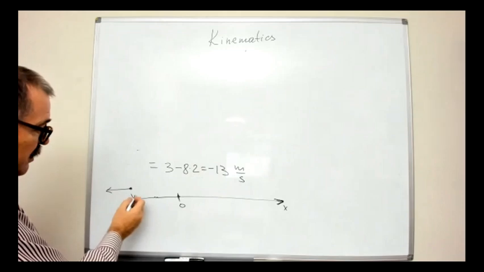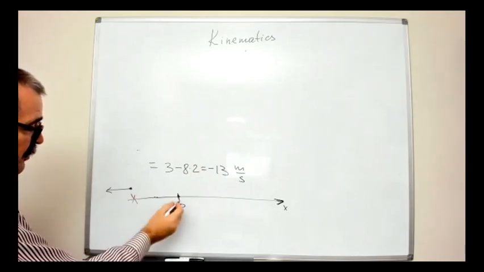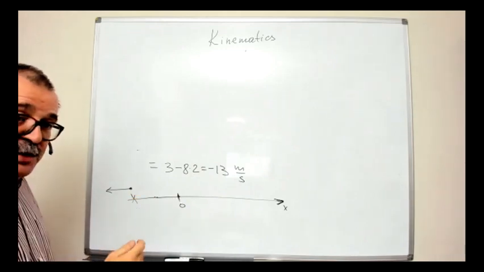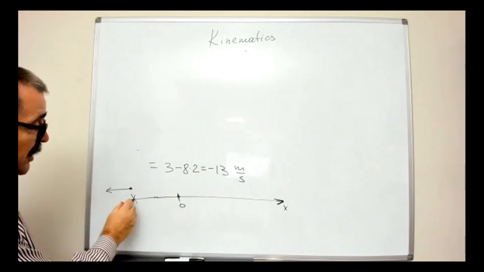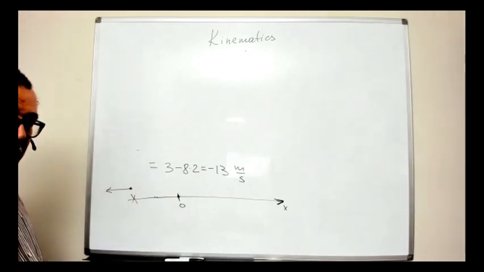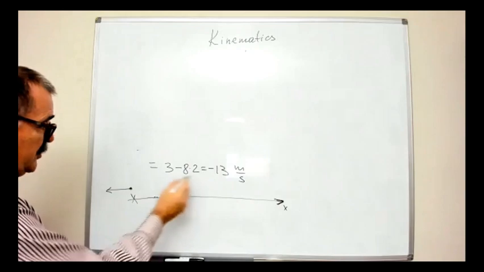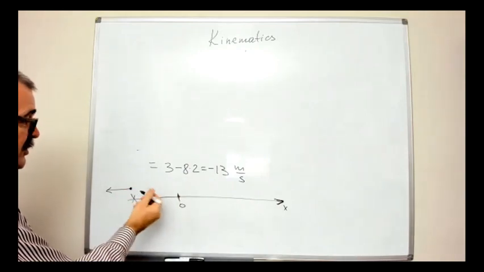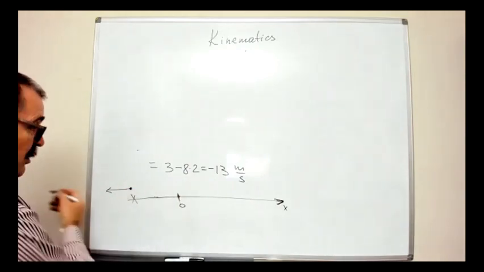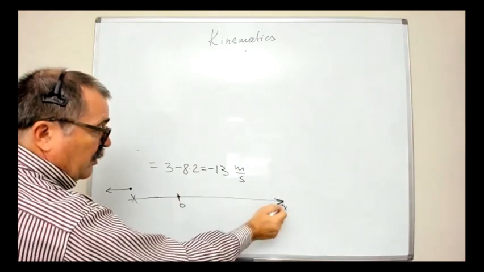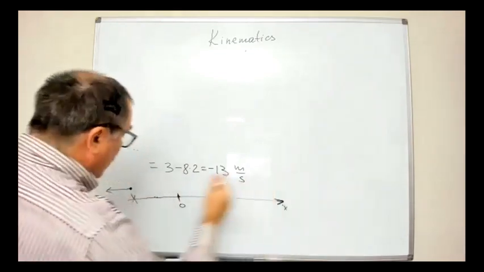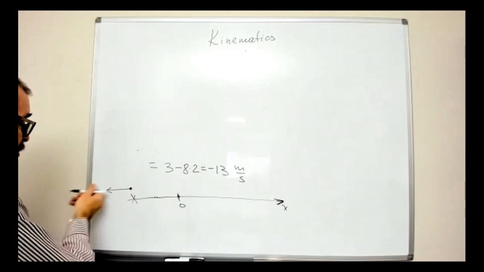So a position to the left of zero is going to be a negative position. That position, for example, here will have a negative value. But as we discussed, at this position velocity is also directed opposite to this arrow. This arrow is directed this way, but velocity will be directed this way.